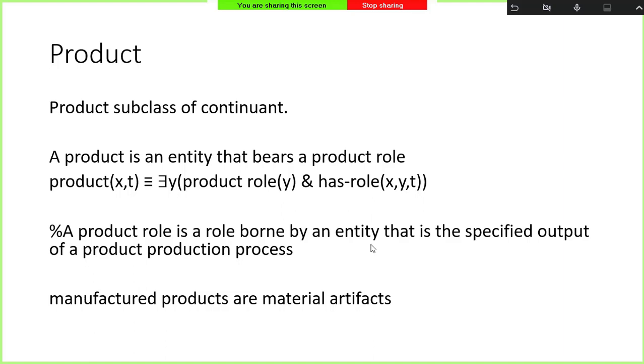And in these slides, I'm focusing on the material products, the manufactured products, but there is parallel work going on to create an ontology of informational products. And you can see why the commercial module is important as a module, because that commercial module will apply equally both to manufactured products and to informational products.